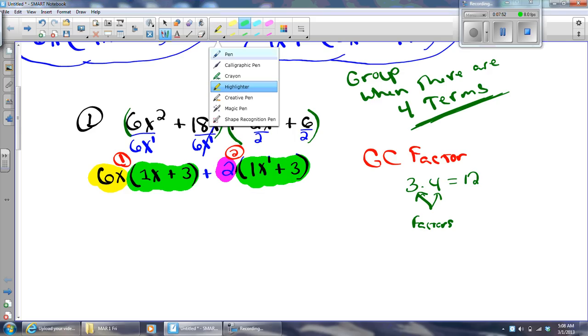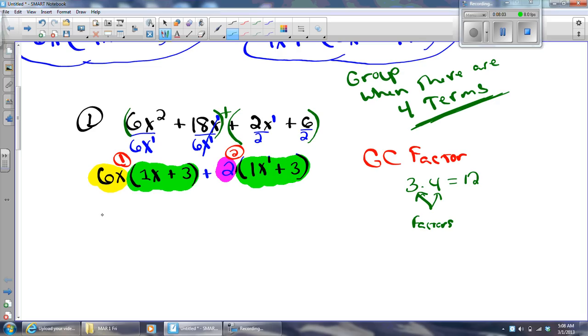And here's where the cool stuff comes in. Since 1x plus 3 is common to both sets, I can pull it out front. I can GCF. I can divide this by 1x plus 3 and divide that by 1x plus 3 because it's common to both terms. And then I GCF it.